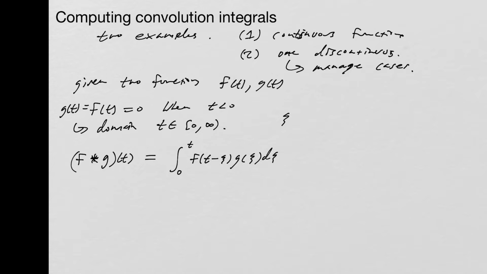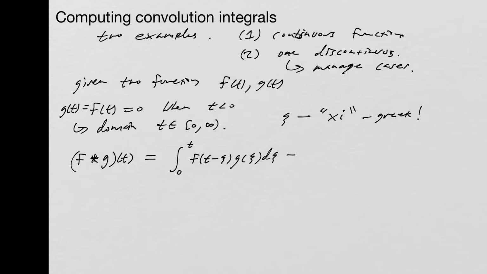I use it because it's a visually salient Greek letter that you don't mistake for anything else. A lot of people use tau, a lot of people use s. But I'll use xi in this one.